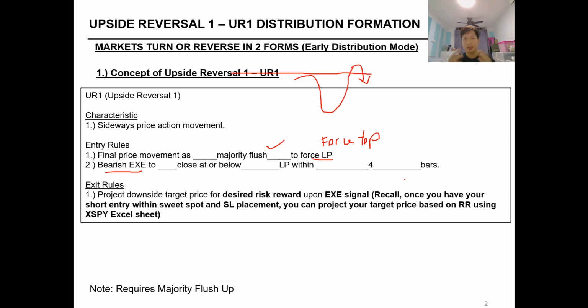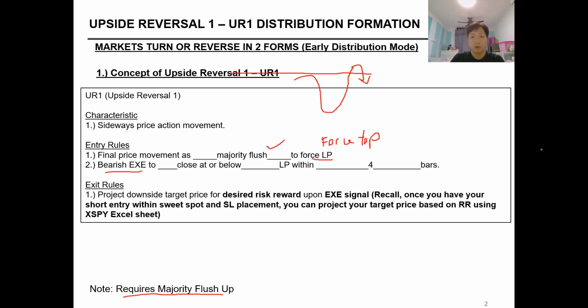In this lesson we mainly focus on recognizing the criteria of the UR1 and DR1. Take note that all reversal structures, UR1 or DR structures, require you to check this thing called a majority flush.